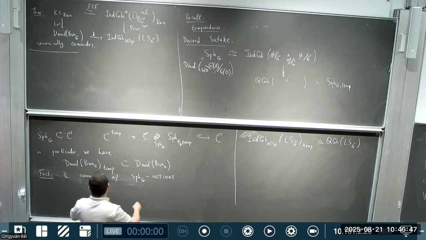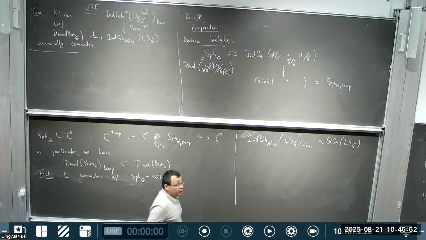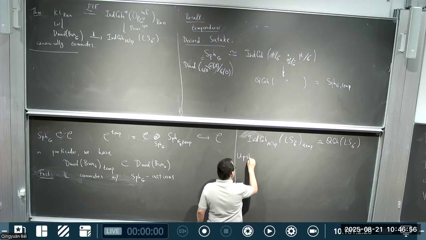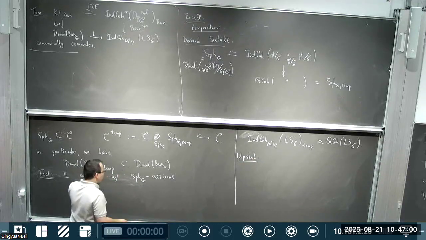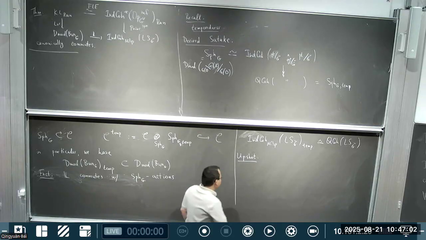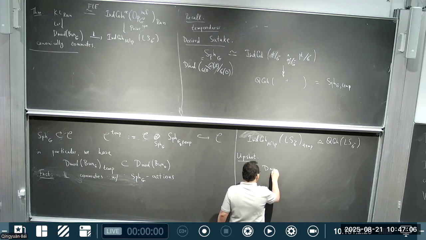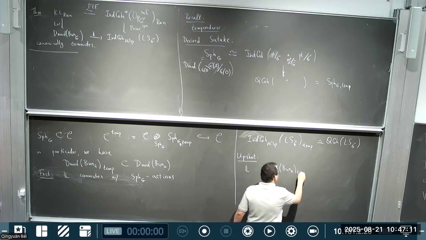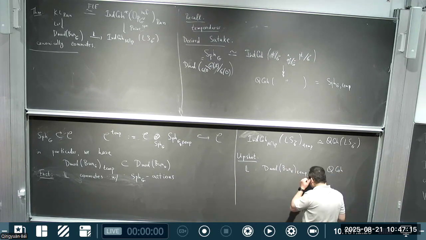There's some analysis about how this action works, but it's a very geometric statement. And so the upshot is that the Langlands functor takes the tempered category to quasi-coherent sheaves.